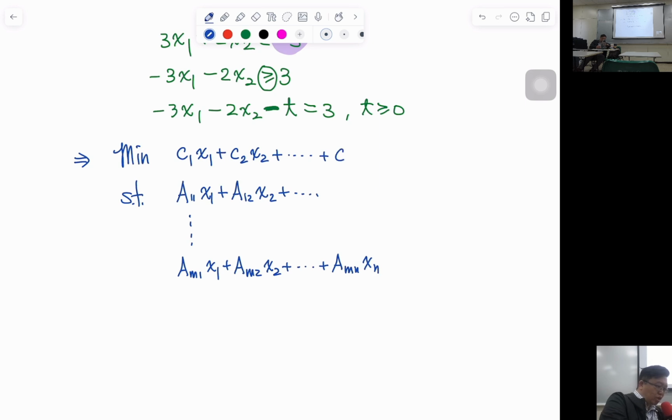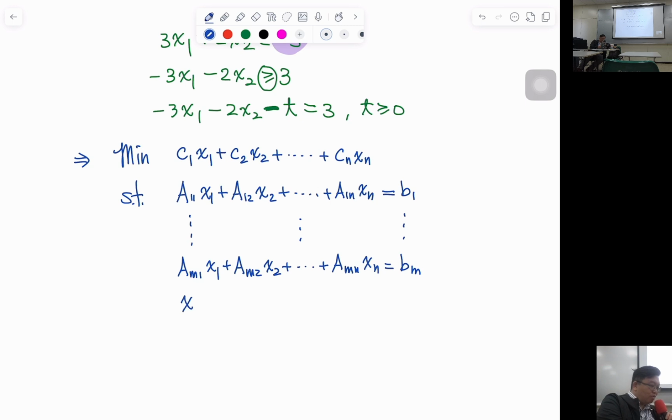So supposedly I will have Cn, Xn, A1n, Xn. Okay? And here's B1 to Bm, actually. Okay? We should be able to write everything down in this way.